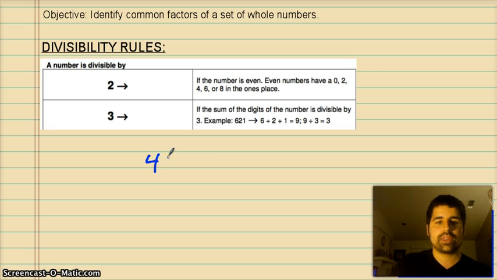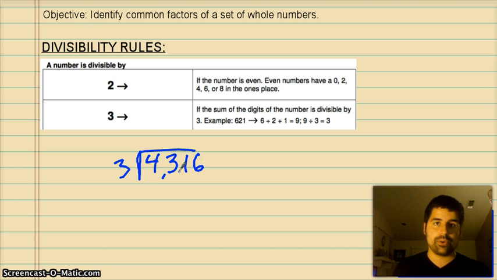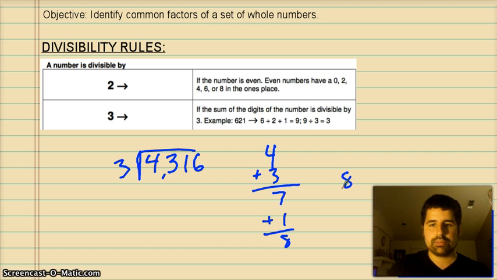Let's try the number 4,316. Is 4,316 divisible by 3? Will 3 go into 4,316? Now I could go through the long division and see if there are any remainders. But a quick way to do it is 4 plus 3. I'm going to add each one of these numbers up. 4 plus 3 is 7, plus 1 is 8, plus 6, 8 plus 6 is 14.